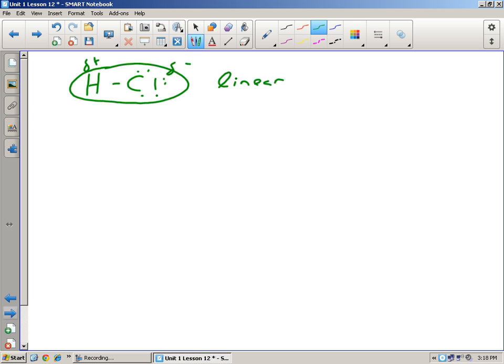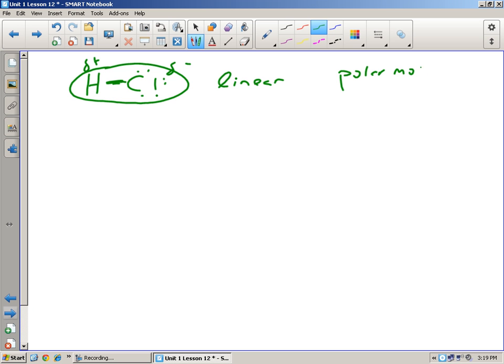Just turns out that there's only one bond here. So due to this one bond, I would tend to believe that this molecule has a negative end and a positive end, and therefore I would say that this is a polar bond. It's the only bond in this molecule, so it's a polar molecule as well in this particular example.